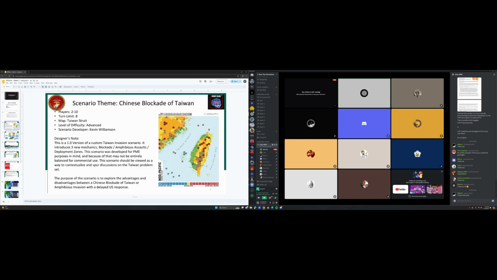So if they fire on turn one, nothing on Taiwan loses any ammo or supply or health or anything like that. So it's a way to encourage red to plan an invasion or plan the blockade and then go kinetic. But I wanted both teams to explore both options.